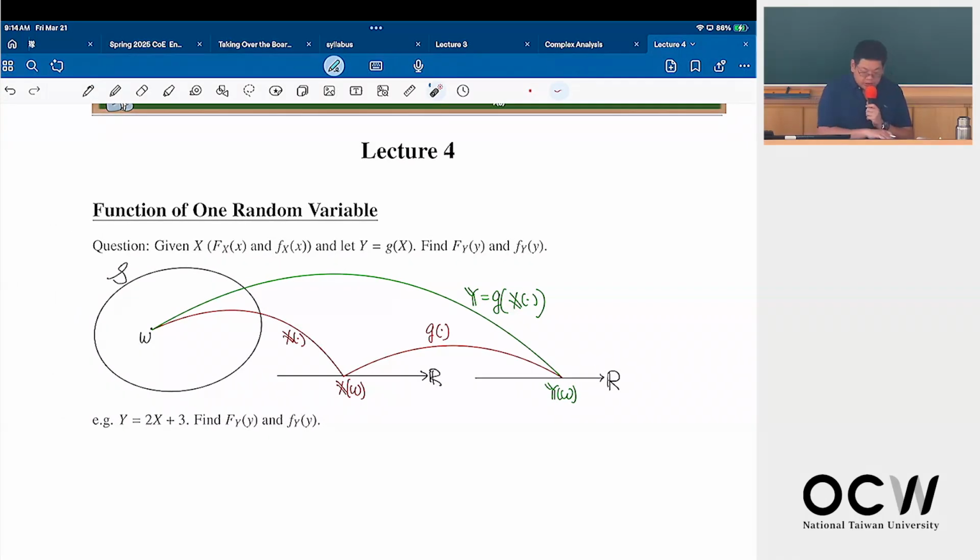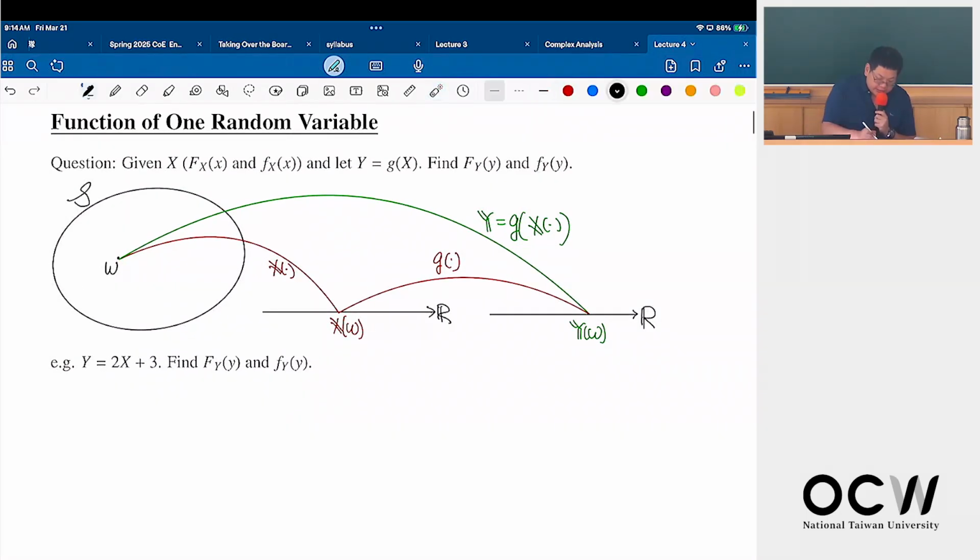Now we can think of this random variable, the realization, mapping to the real line for the random variable x. From the random variable x, I can also map to another real line using the function g. That means I can directly have this realization map to the real line, and that is the random variable y.